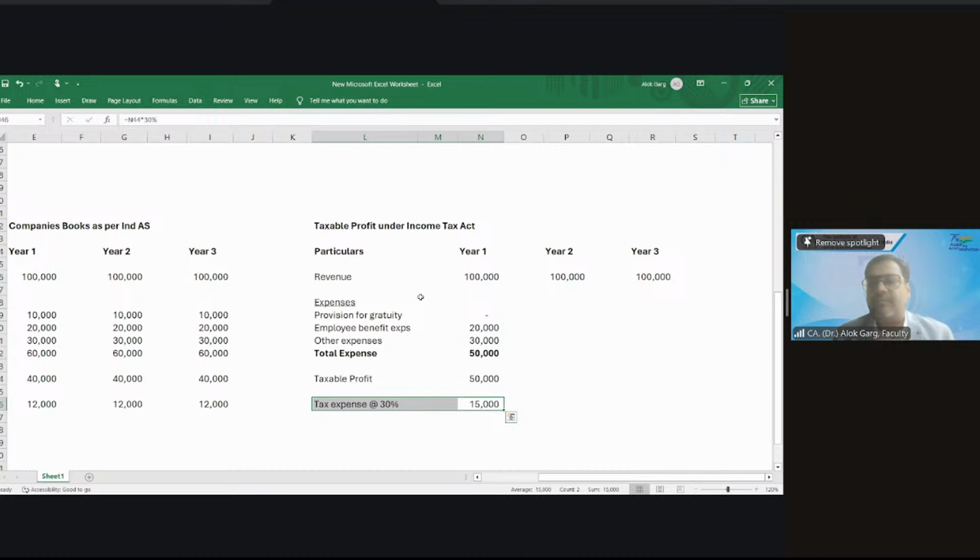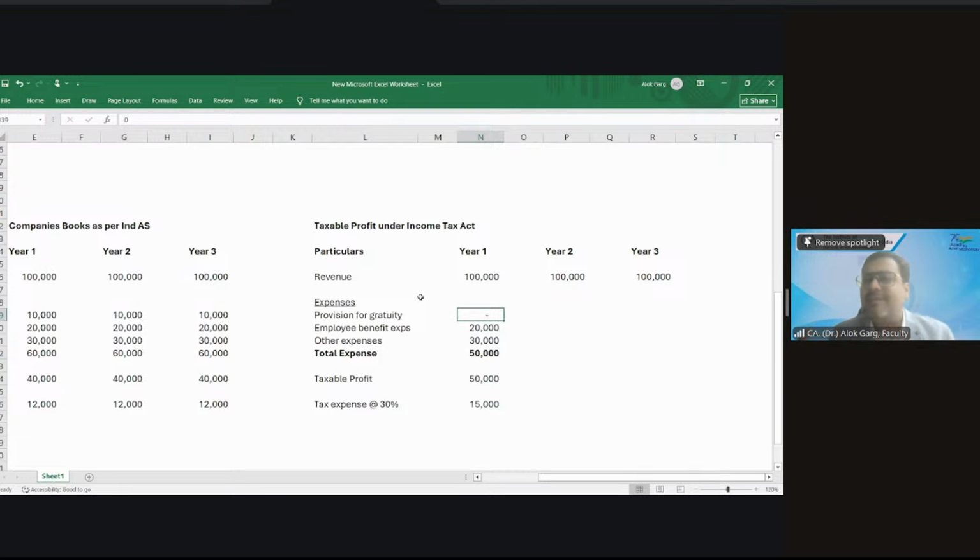Yes. So tell me, if we are paying higher taxes today, will we get any benefit in future? If today I have paid higher tax, will I get any benefit in the future? Yes, sir. Benefit is available in the future. In the third year it is available.